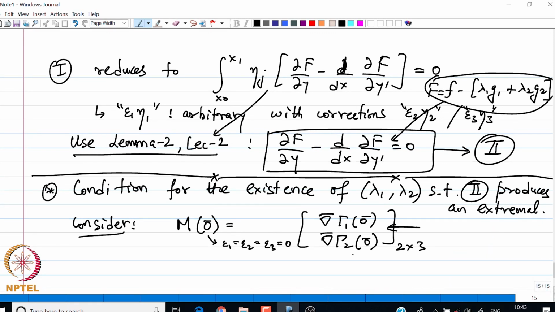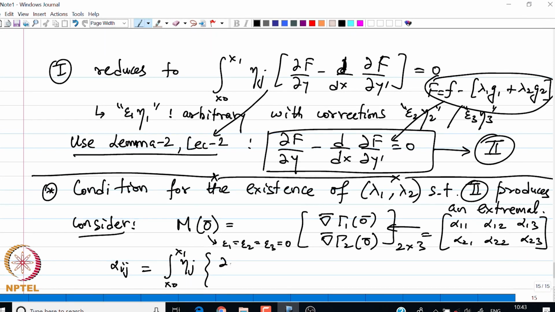So, this is of the form alpha 11, alpha 12, alpha 13, alpha 21, alpha 22, alpha 23, where my alpha ij is the integral from x0 to x1 of eta j times (del g i del y minus d dx of del g i del y prime) dx.